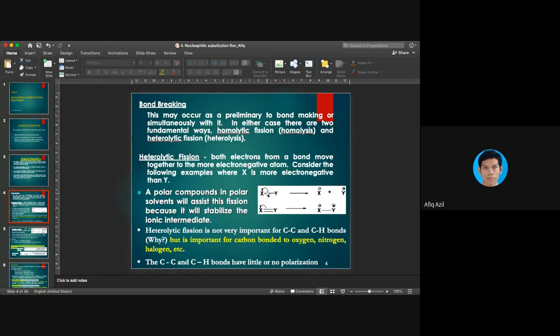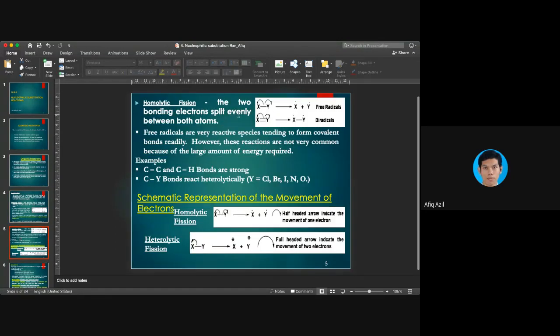If you want to show the movement of two electrons like this one for heterolytic, you will use the normal kind of arrow, the usual way. But for homolytic fission, the arrow is a half arrow.